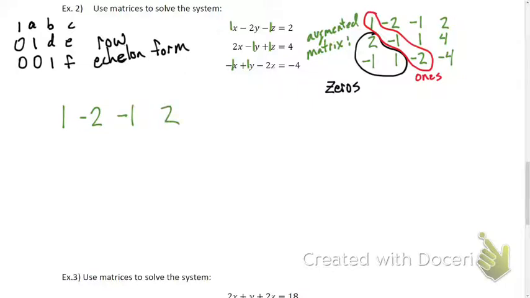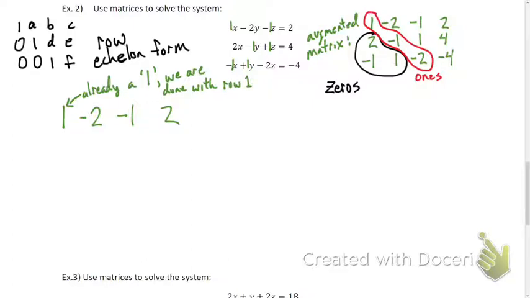So we're writing the first row because that is a 1. We are done with row 1.